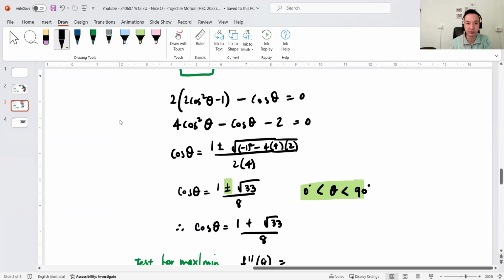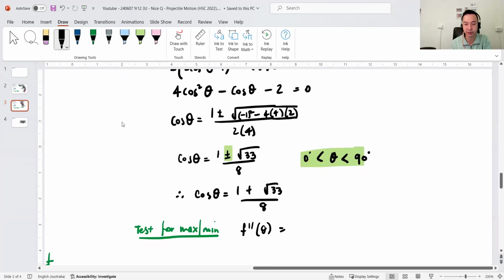Now, what was the first derivative? 2 cos 2 theta. So that becomes negative 4 sine 2 theta. I think it was a minus cos, so the derivative of minus cos is plus sine theta. Is that right? Just quickly check that. Yep. And now I need to sub in.